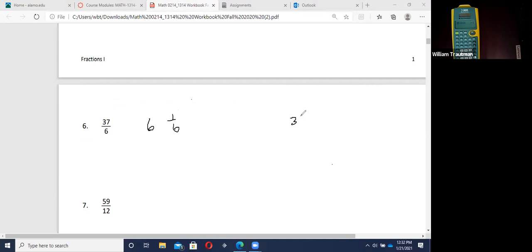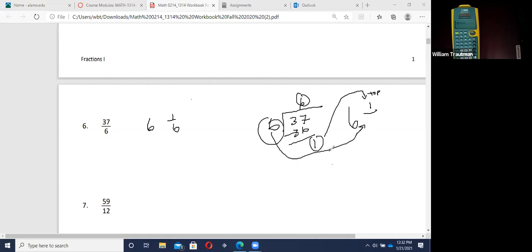And once again, the way we learned how to do it in school is 37 divided by 6, the top divided by the bottom. 6 goes into 37 6 times. Subtract it. That's your whole number. This is the top of the fraction. This is the bottom of the fraction. 6 1/6.